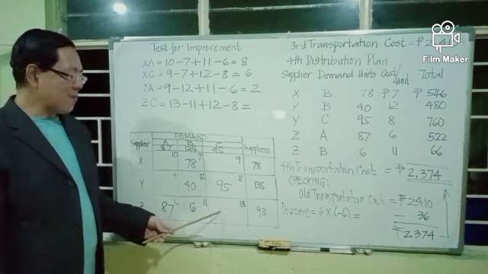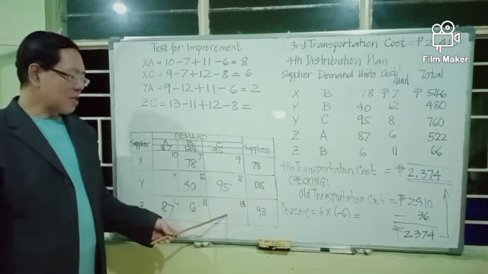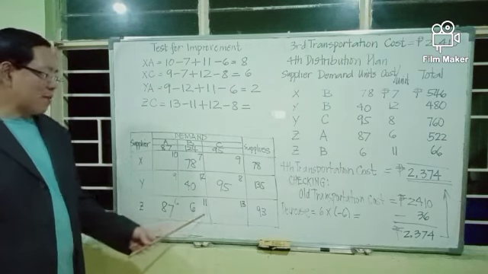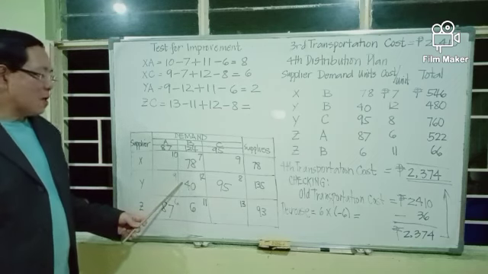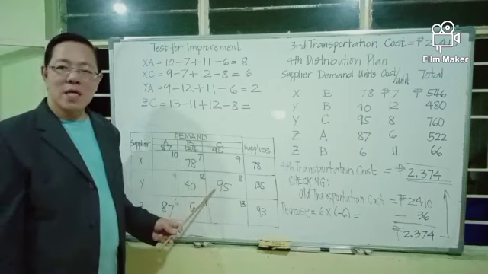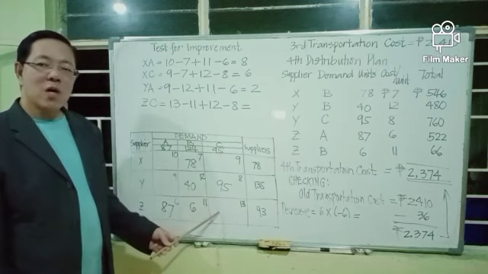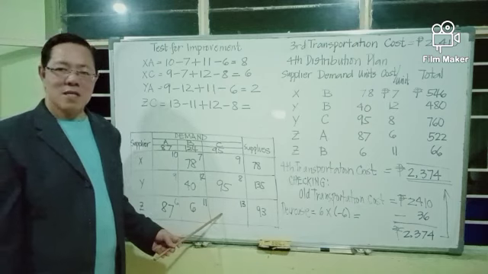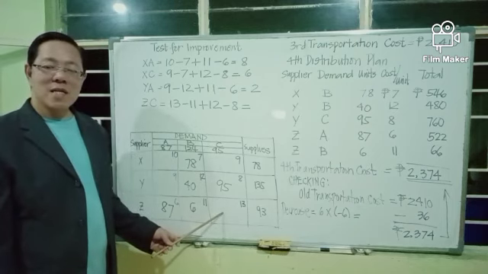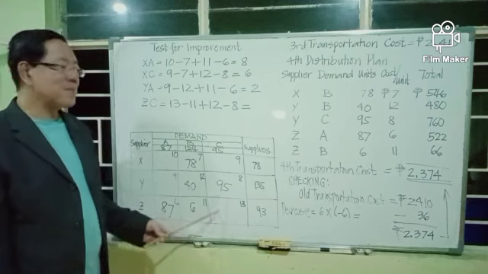Again, the closed path for this vacant cell is horizontally to the left up to 6, vertically upward up to 40, horizontally to the right to 95, and vertically downward back to the vacant cell ZC. We find the net cell cost for this vacant cell.